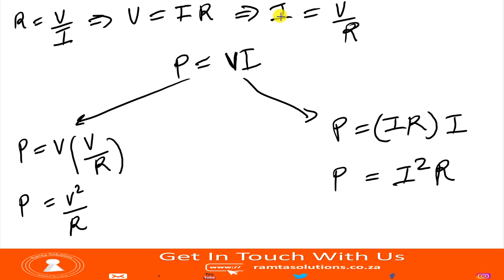Okay, so this equation of power has been reduced to how many forms? I think 4 forms.